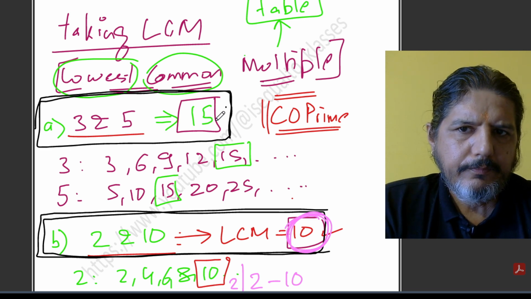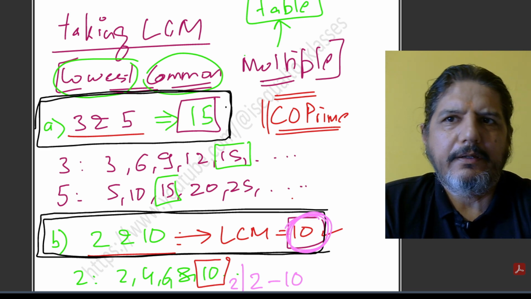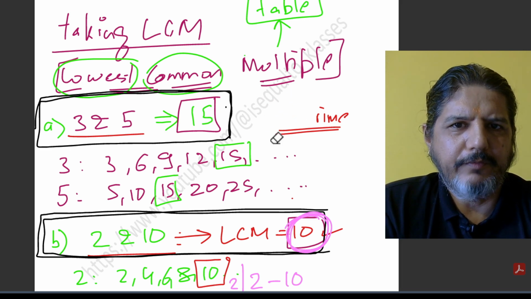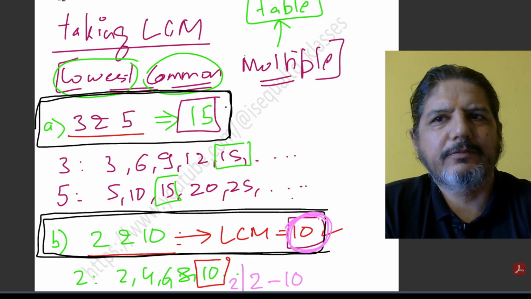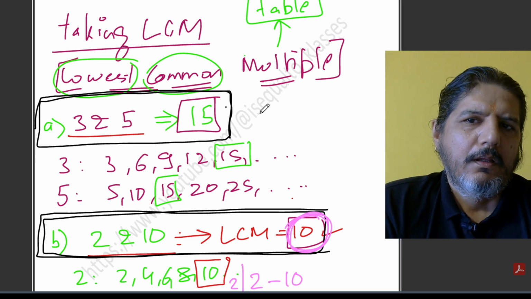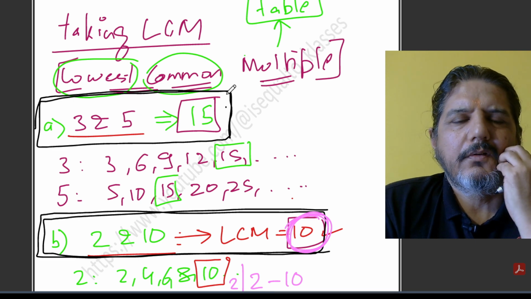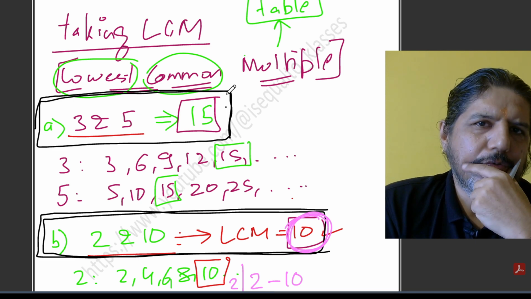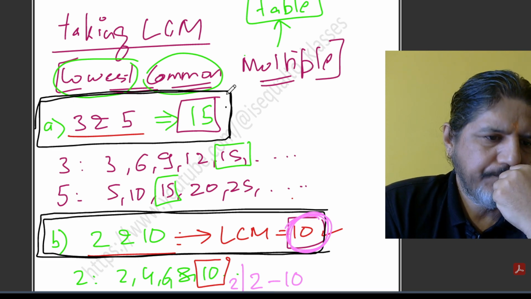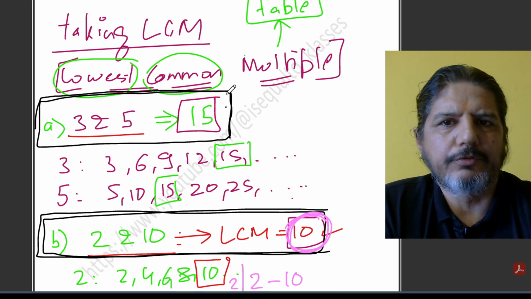Now 3 and 5. See, 3 and 5 are basically co-prime numbers. So whenever you meet any co-prime numbers, you can just multiply the numbers. In the practice set that I will be giving, I will be mentioning a few sets of co-prime numbers also, so that you can have a look at the PDF also.